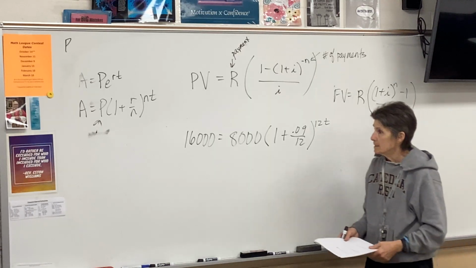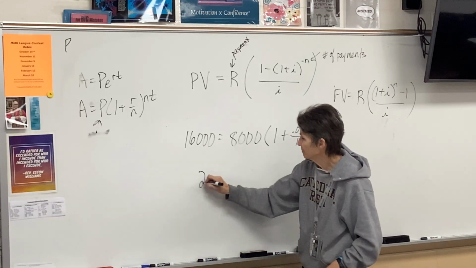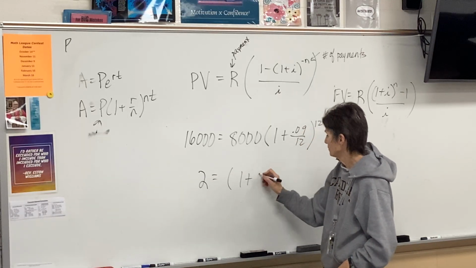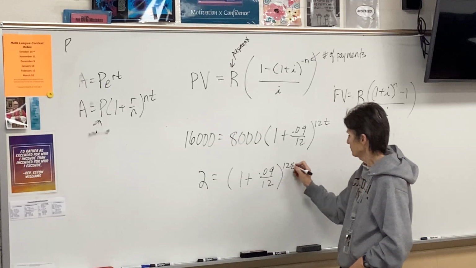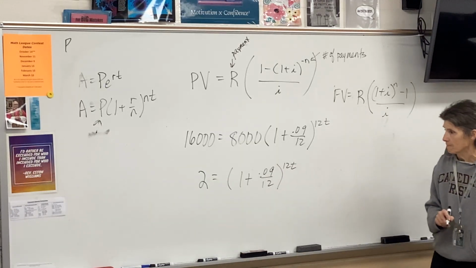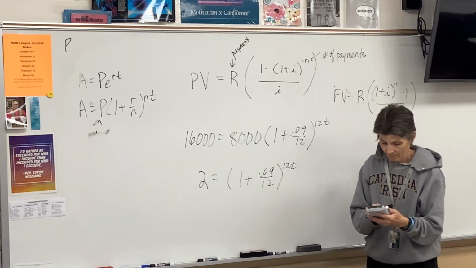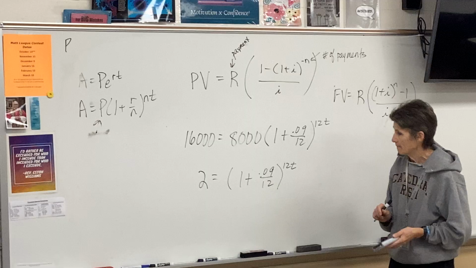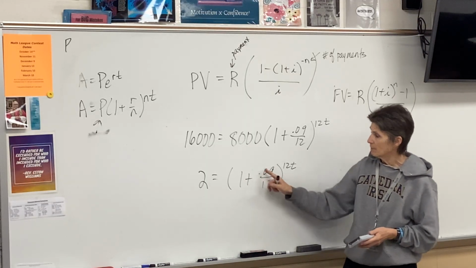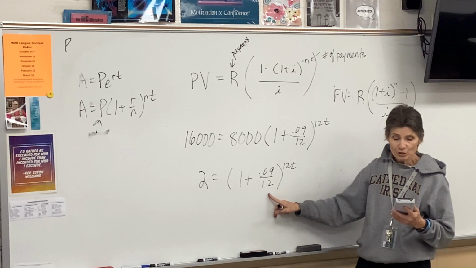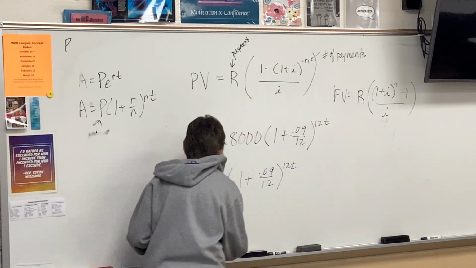Okay, step one. Let's divide by that 8,000. Now, I know this might bother some of you, and I just checked, and we can actually do that division if you want.